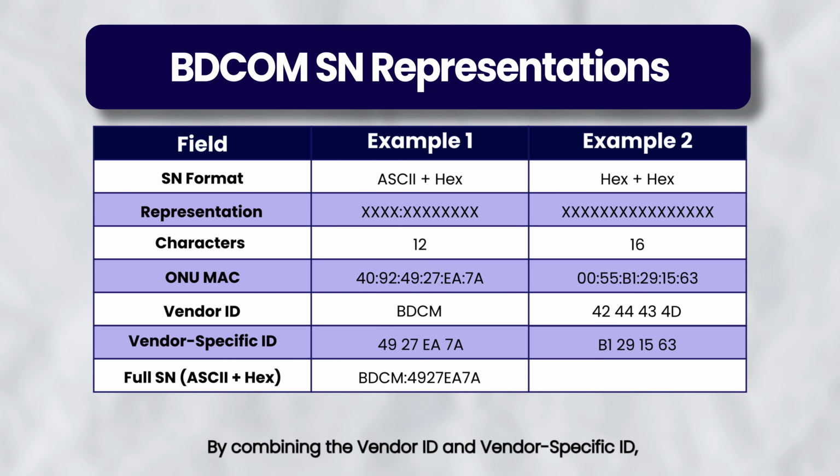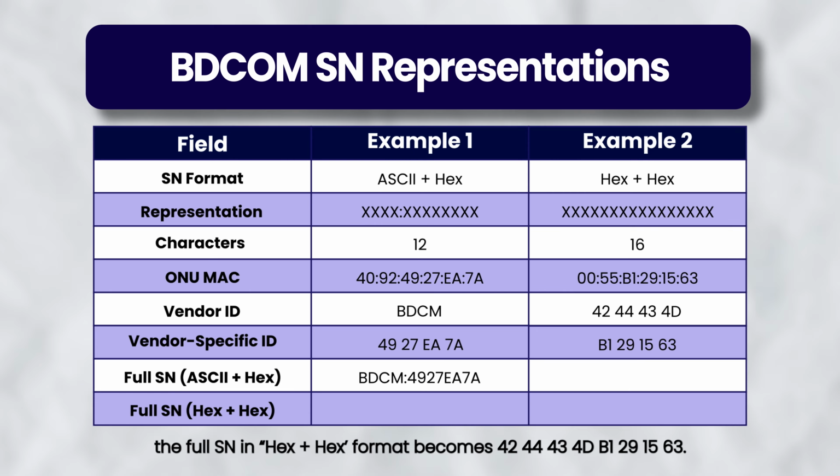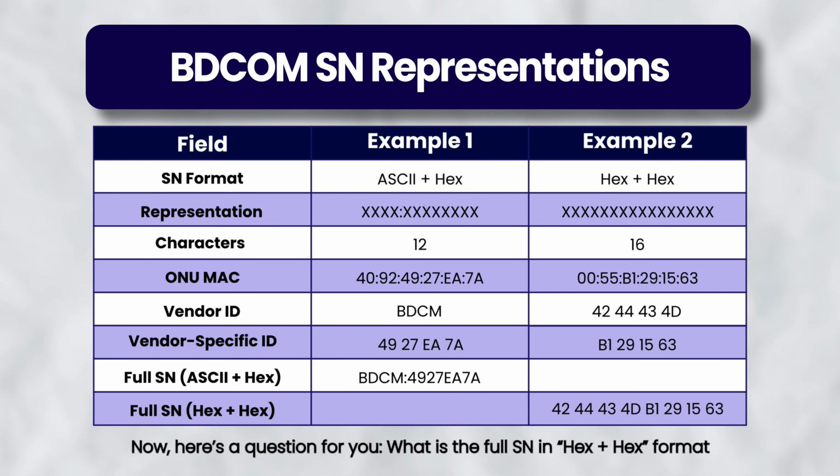By combining the vendor ID and vendor-specific ID, the full SN in hex plus hex format becomes 4244434DB1291563.